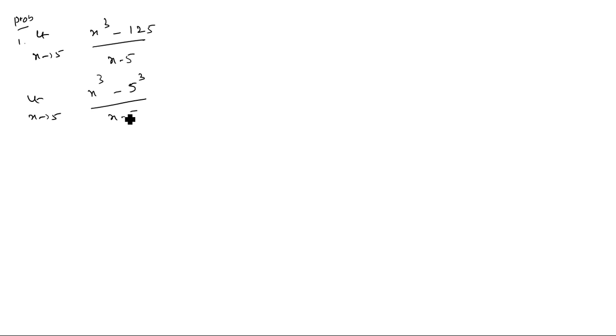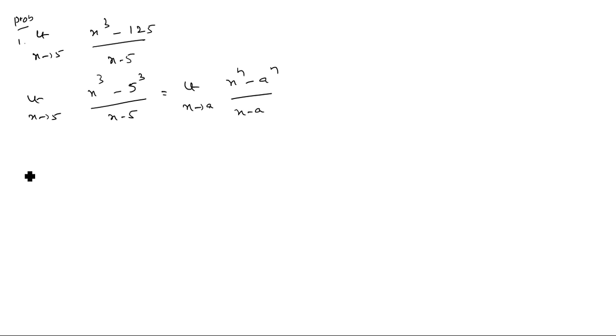What is the problem? Limit x tends to 5, x cubed minus 125 by x minus 5. This can be written as limit x tends to 5, x cubed minus 5 cubed by x minus a. It is nothing but limit x tends to a, x power n minus a power n by x minus a.